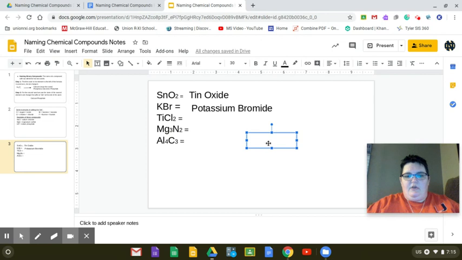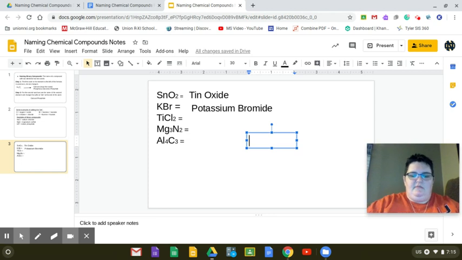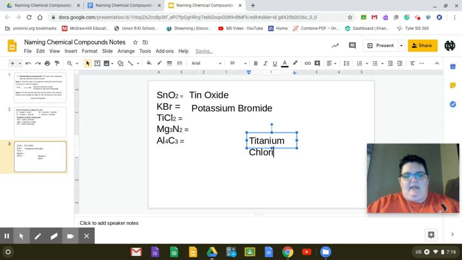So we come in here, and it's the first symbol, so we stay the same, titanium. And our second symbol is chlorine, Cl, right here. So chlorine is going to be changed, remember, because it's the second symbol.